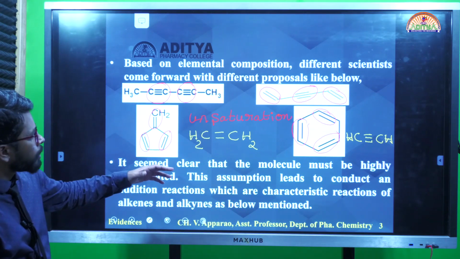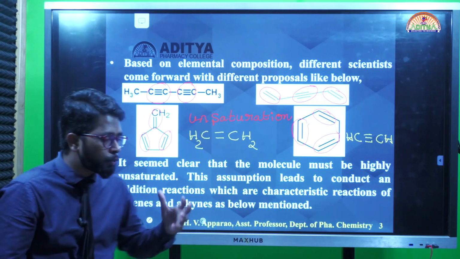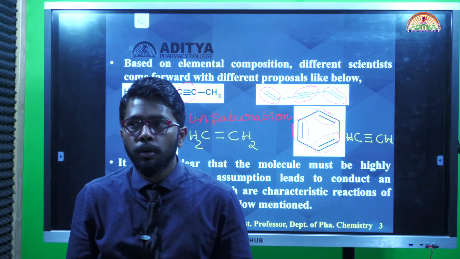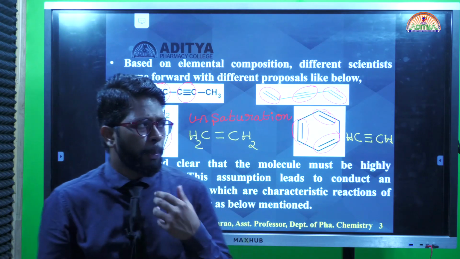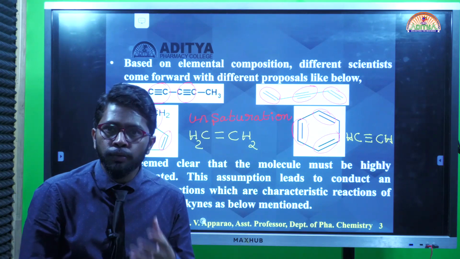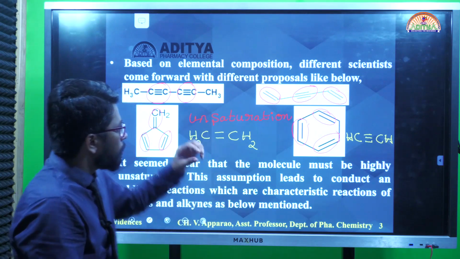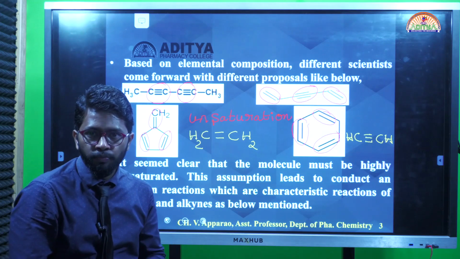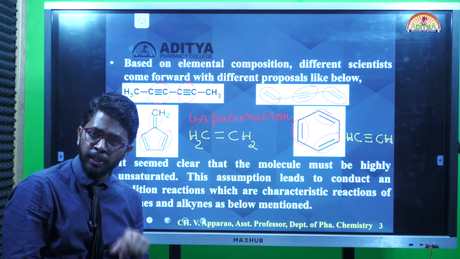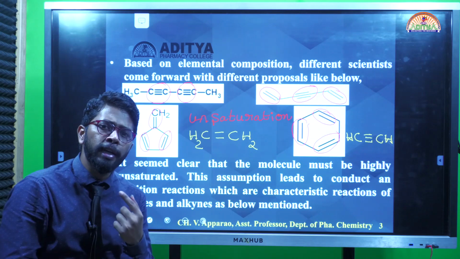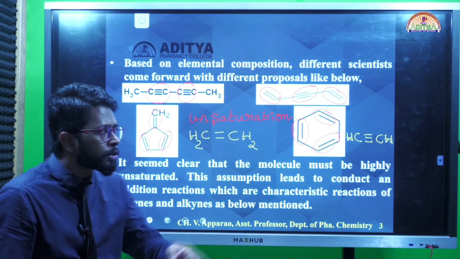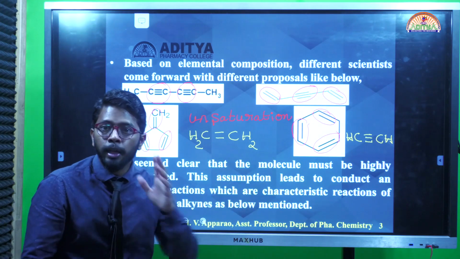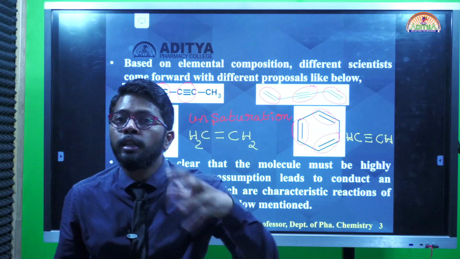Now one conclusion came to the scientists. What is that? For benzene, the common point in the molecular formula is unsaturation behavior. Maybe the benzene nucleus also behaves like basic unsaturated compounds such as alkenes and alkynes. They came to that conclusion.